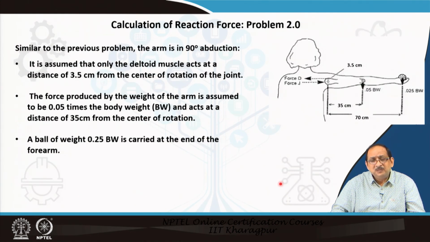The next problem is slightly more complicated, where we have a weight or a ball at the end of the forearm. A ball of weight 0.25 times the body weight is carried at the end of the forearm.